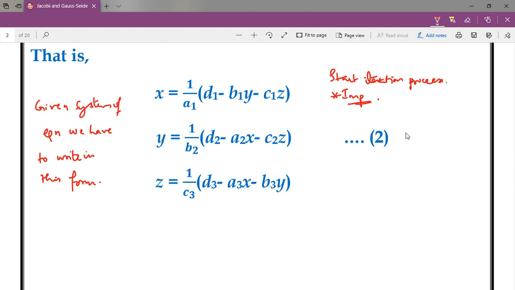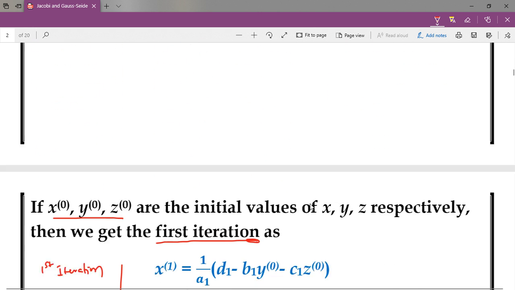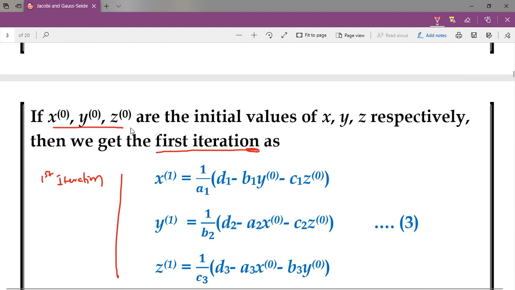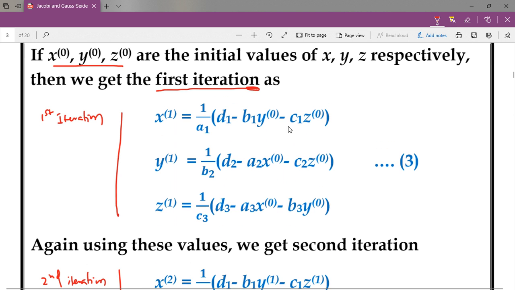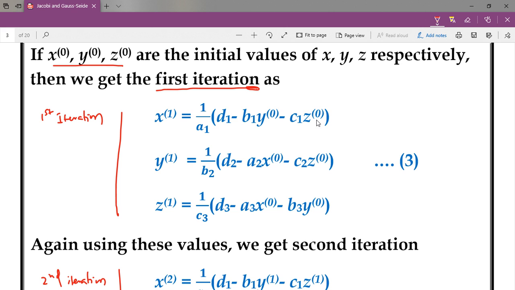Call it equation 2. Now go for the initial values x naught, y naught and z naught. Taking these as initial values, go for the first iteration. x1 is equal to, so here we are using y naught and z naught in x1, x naught and z naught in y1, and x naught and y naught in z1.